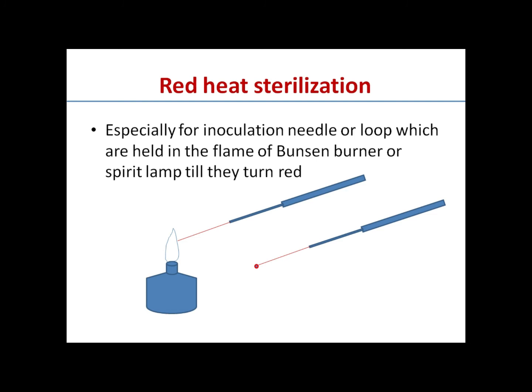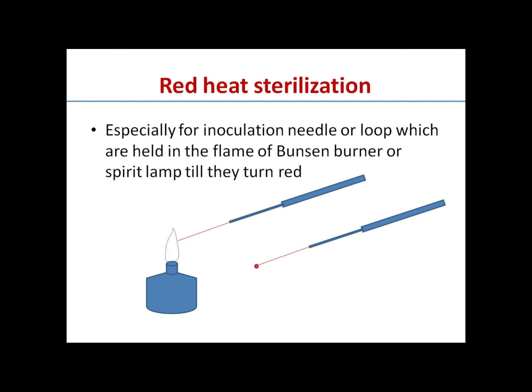It is a sterilization process where an inoculation needle or loop is held in the flame of a spirit lamp or Bunsen burner till it turns red, especially the tip part of the needle or loop, along with some stretch of the top part of the needle or loop.